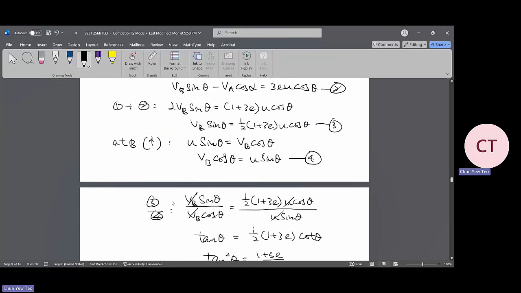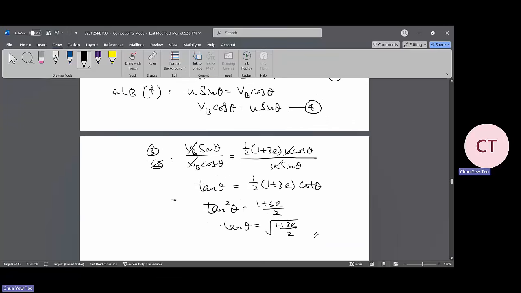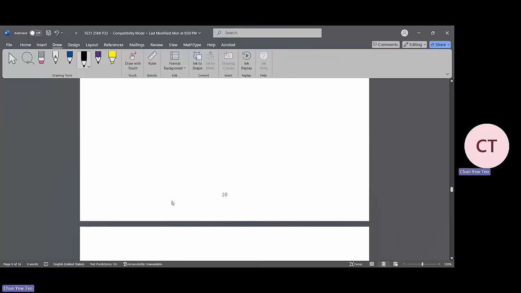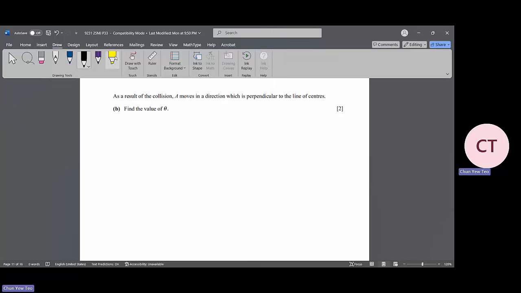Okay, so now we move on. 6B. As a result of the collision, A moves in a direction perpendicular to the line of centres.